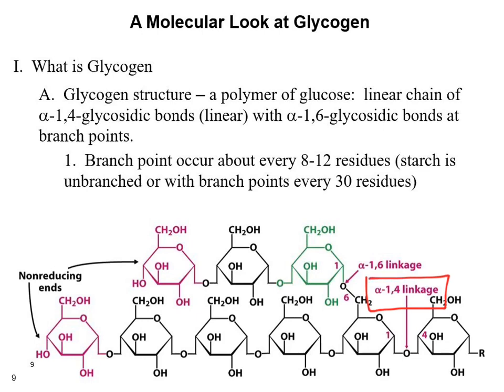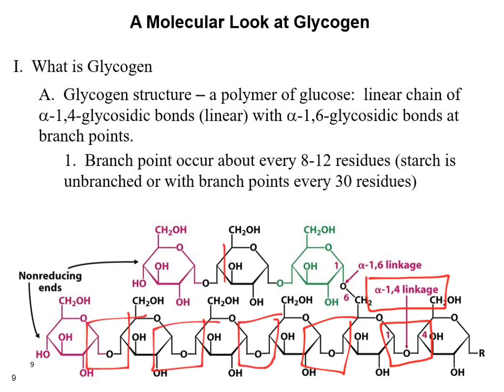We learned about these linkages when we studied disaccharides and polysaccharides. We looked at these glycosidic bonds, right? That's what they were called. And we know what the 1,4 means and the alpha-1,4 means. And so you can see here we have an alpha-1,4 linkage between these 2 monomers of glucose, between these 2, and between each of these pairs.